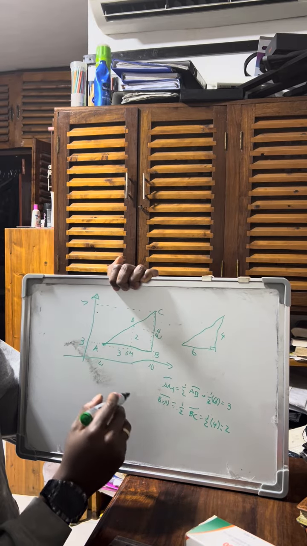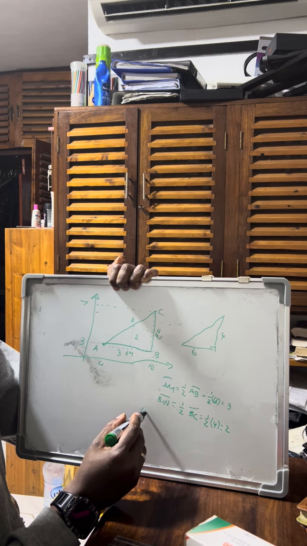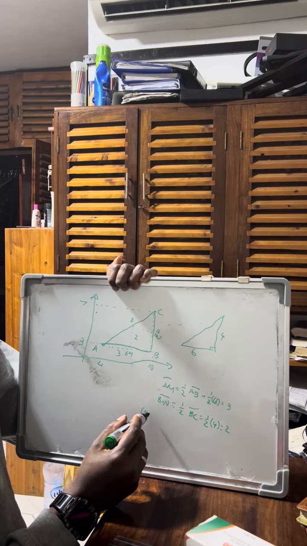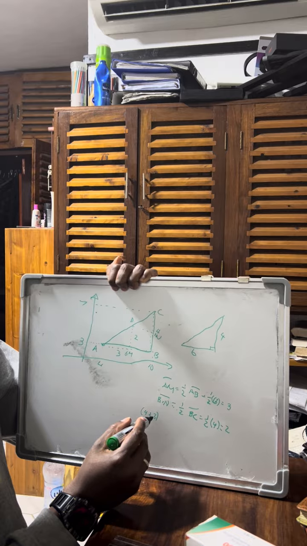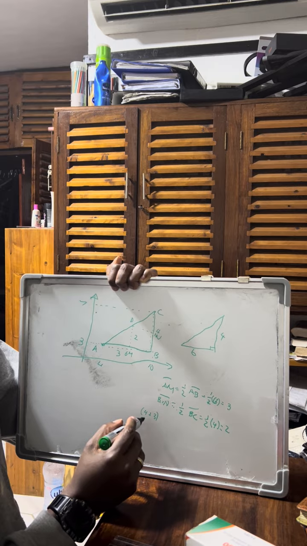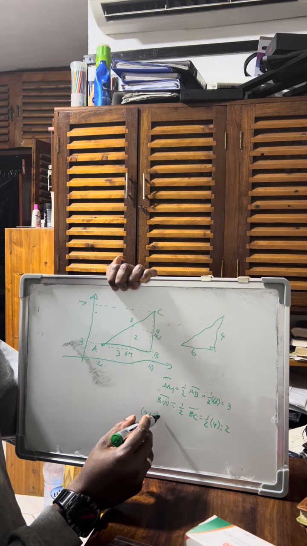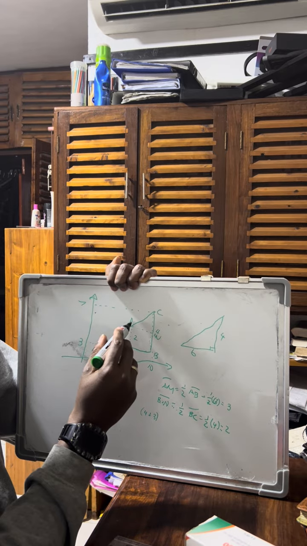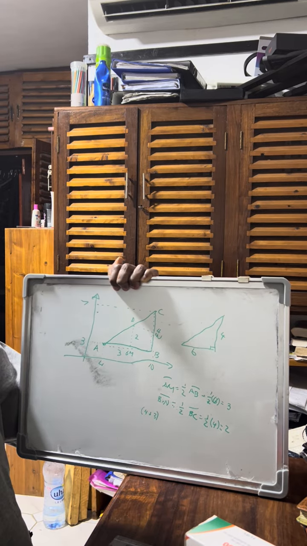So we just add these two. We start at 4 plus 3 to get the coordinates of D would be 4 plus 3.